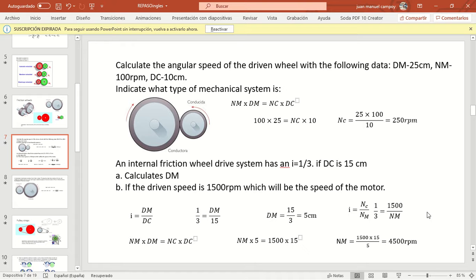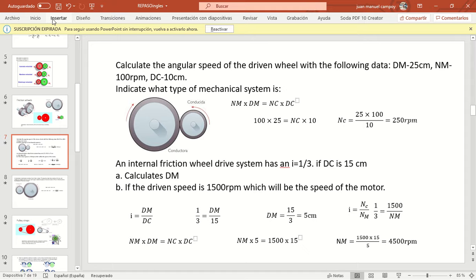And M is 1500 multiplied by 3. Okay, so it's 4500. You can see that you can do it in both ways.